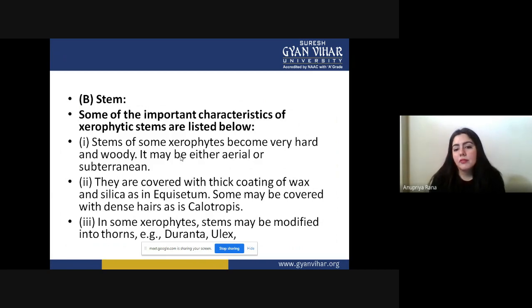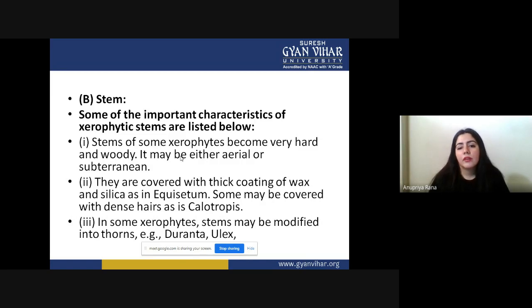Their epidermis will be covered by a thick layer, not a thin layer, of wax and silica. Why is this covering present? It reduces the rate of evaporation. The water which can be evaporated from the plant is greatly reduced by the presence of waxes and silica.